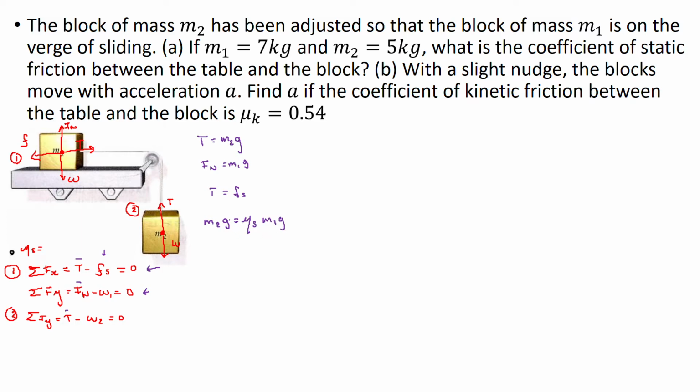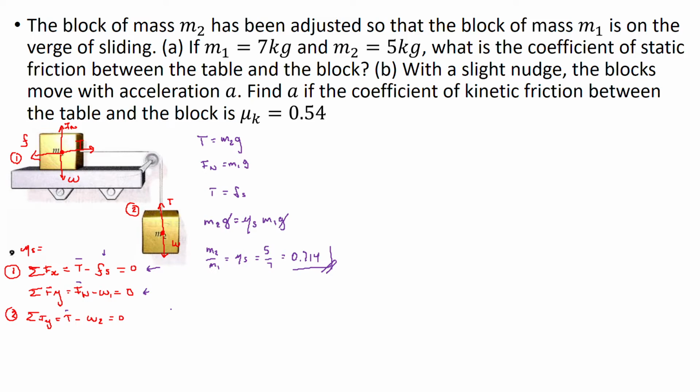We see there's gravity over here and gravity over here, so we have mass 2 over mass 1. This is going to be equal to mu s, and this is 5 over 7, which is 0.714. Remember that the coefficients have no units. Okay, so that is part A.